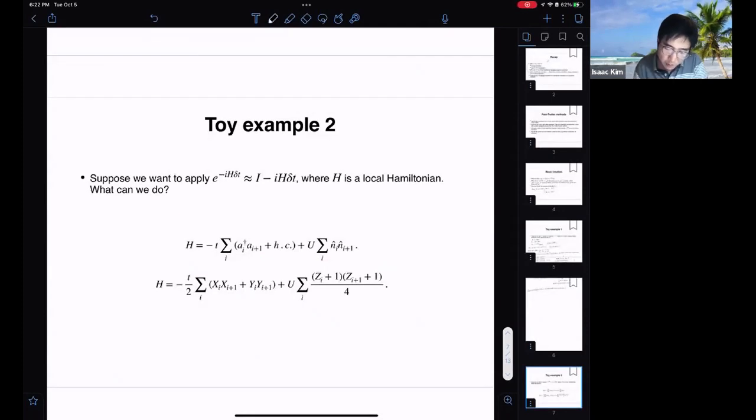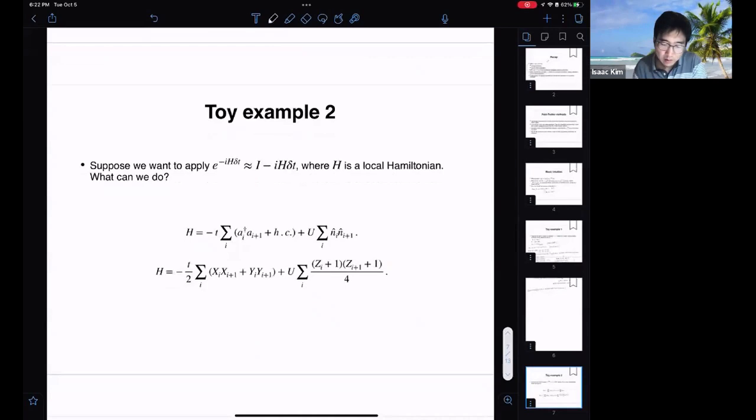Well, we will consider the case in which delta t is not infinitesimally small, but if it is infinitesimally small, then you can see a lot of parallel between what we discussed in the qubit case and what we have here. So when you Taylor expand this for small delta t, then you will have terms like X_{i+1}, Y_{i+1}.